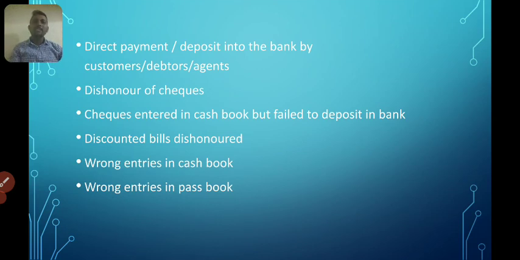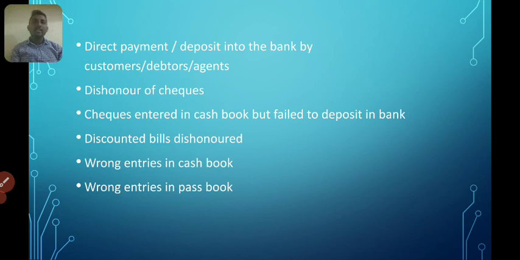We have entered the same on the debit side of the cash book's bank column. The cash book has been increased by adding the amount, but we have not sent the check immediately to the bank. Unless we send the check to the bank, there is no effect in the bank statement. There is an effect in the cash book, but there is no effect in the bank statement.